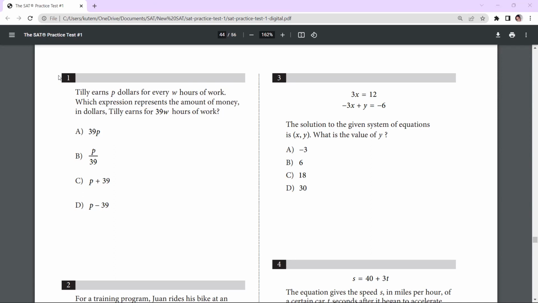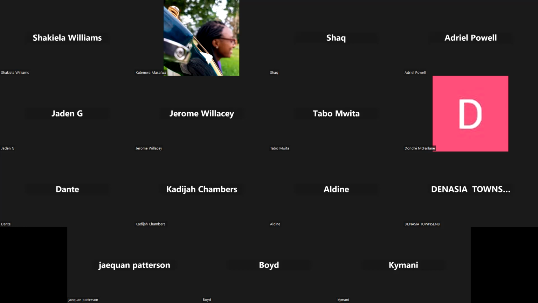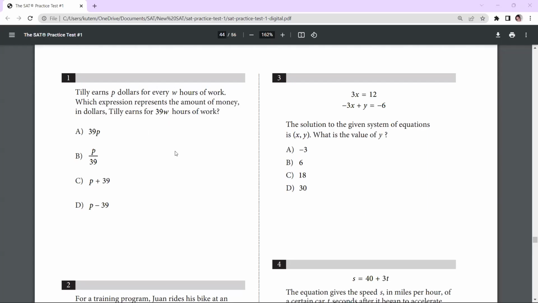Wait, let me try something. I really want to be able to write on the screen, so let me see if I can share a document instead of the page. Let's see.